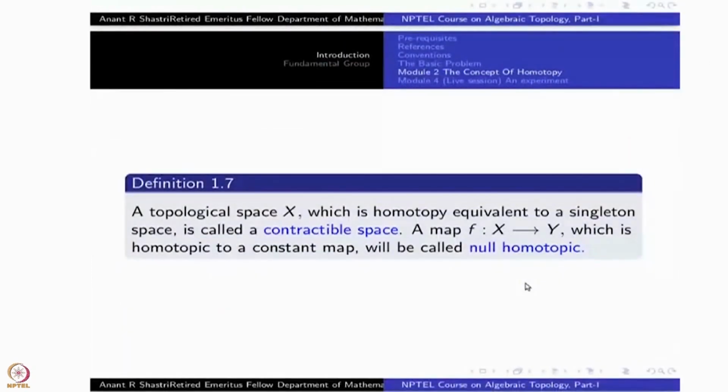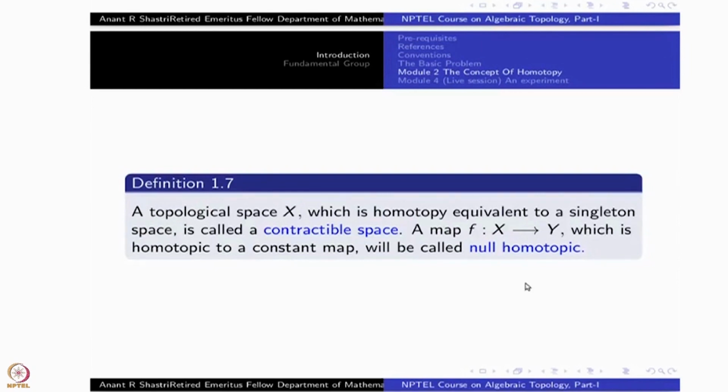Now we make a special definition here. Anything which is of the homotopy type of a single point. A single point doesn't have many topological properties, so we want to single it out.